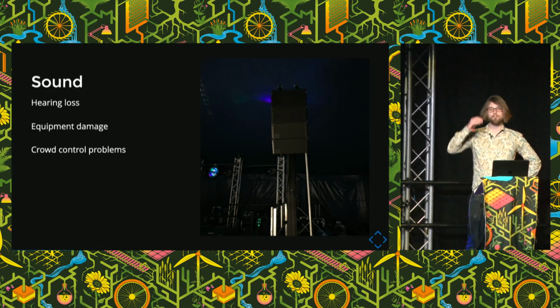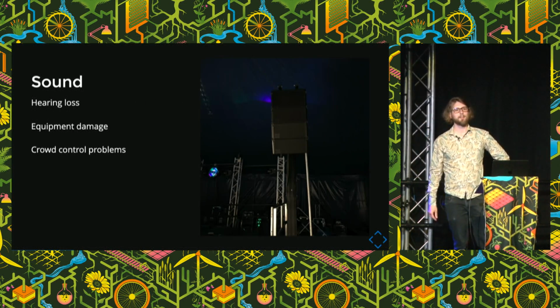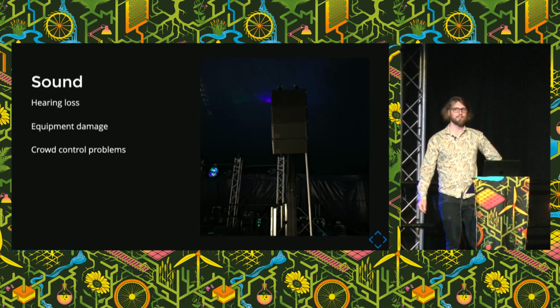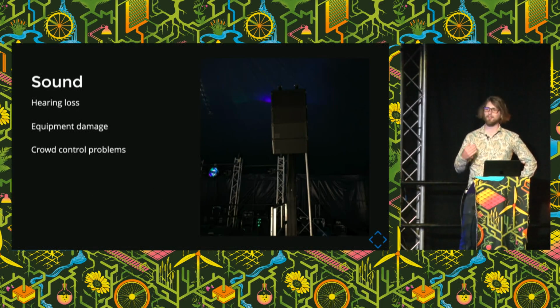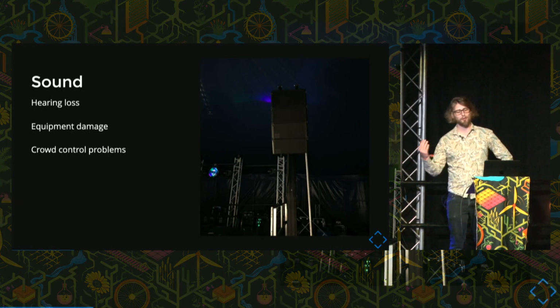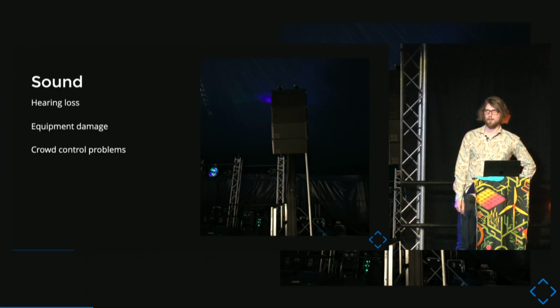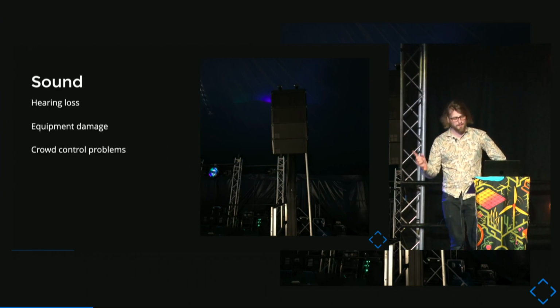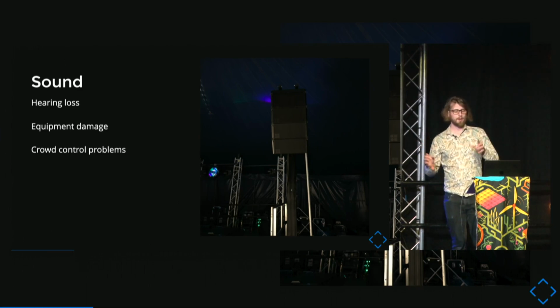So first obvious thing with sound is hearing loss, and in most of the world there are regulations around this: how much sound you can expose people to, at what level, for how long. So here in the UK, that would be 107 dBA, and the A is important because that is a weighted loudness measurement.